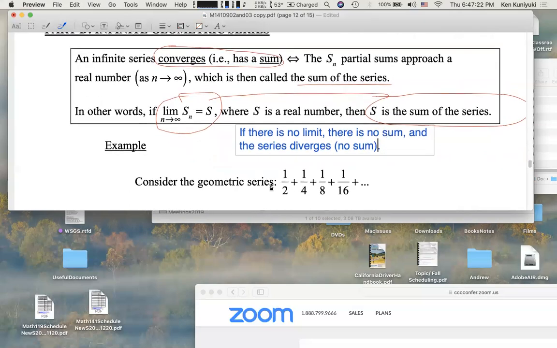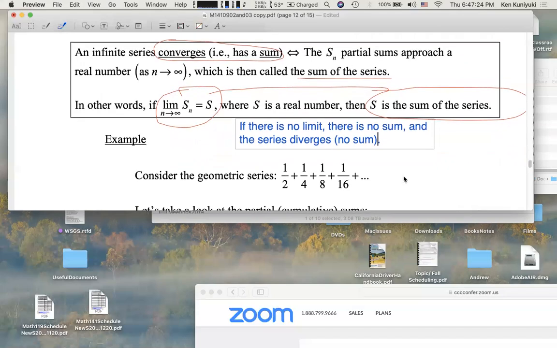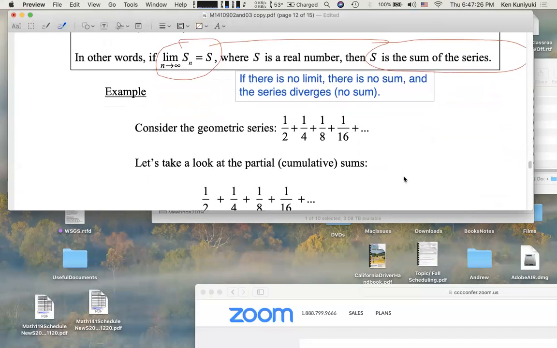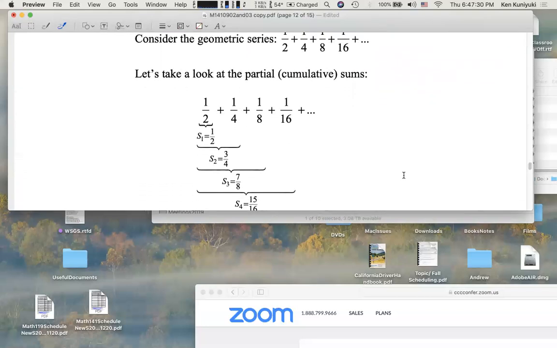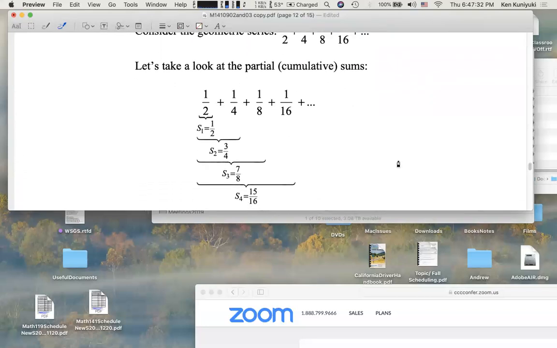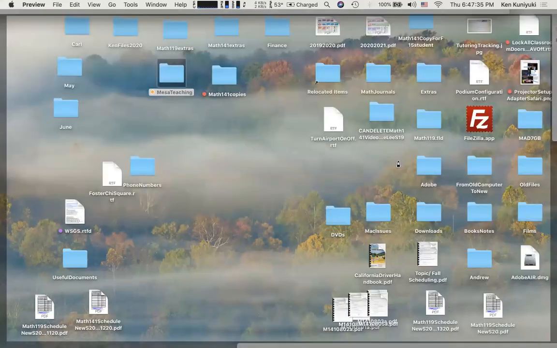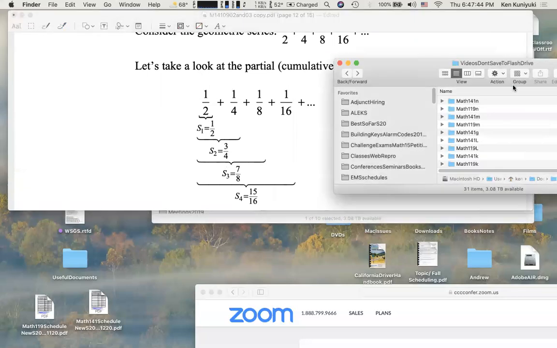Consider the geometric series that goes like this. Okay, so the partial sums look like this. And in fact, I have some good pictures for this. Let me try to get these here.